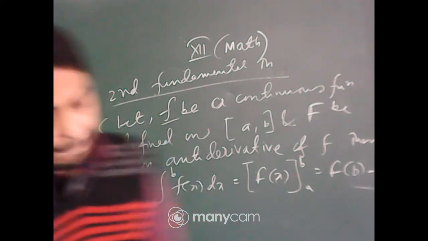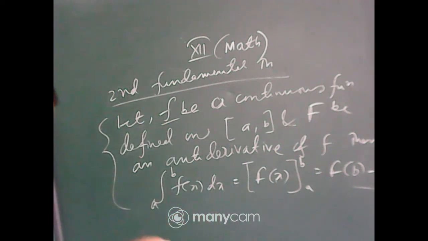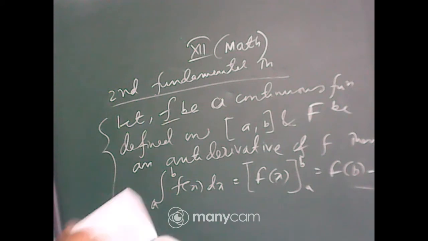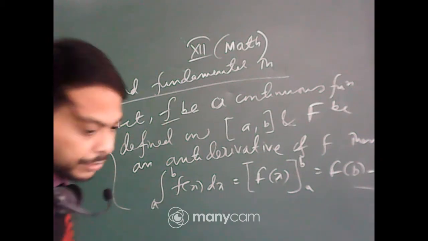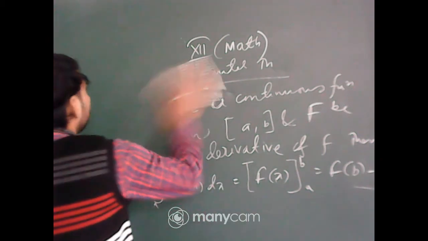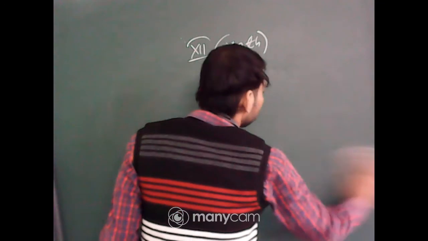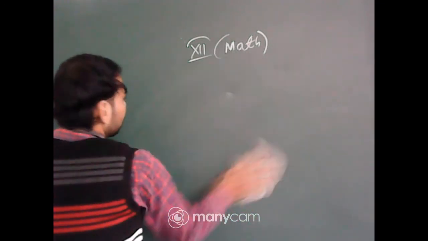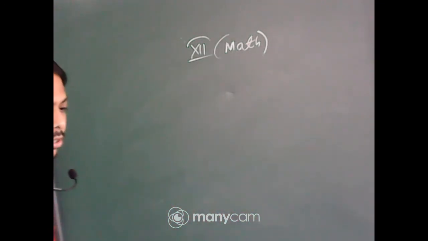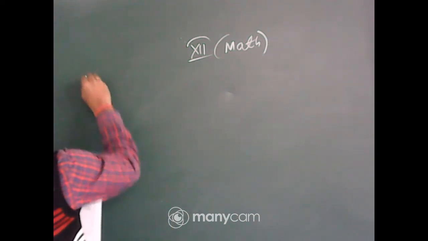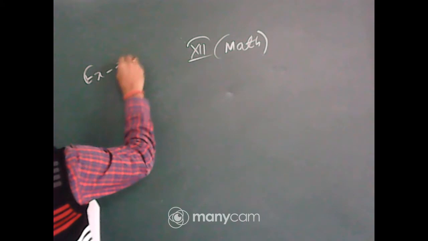Okay, let's move on to the exercise. That is 7.9, page number 338. Exercise number 7.9.